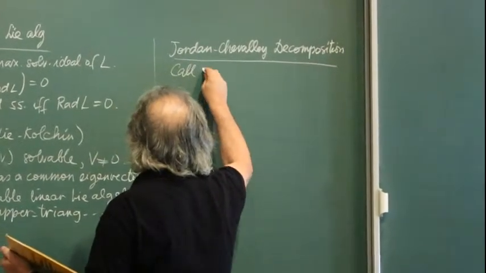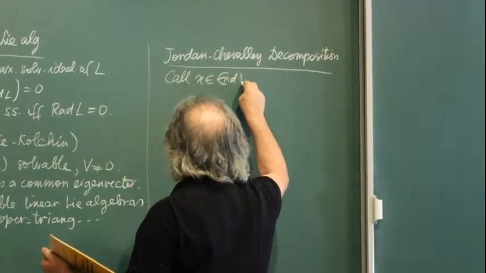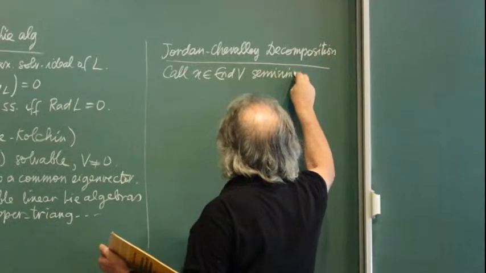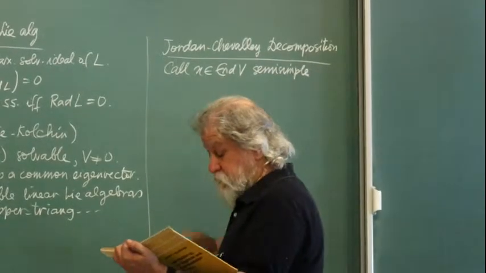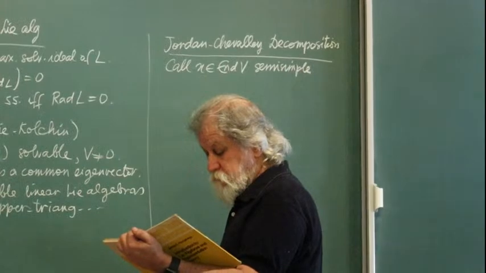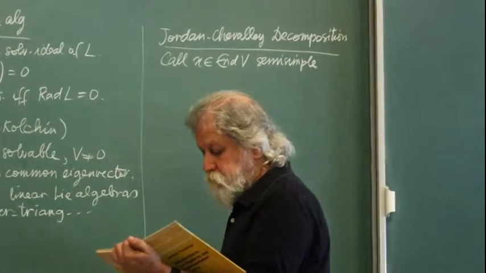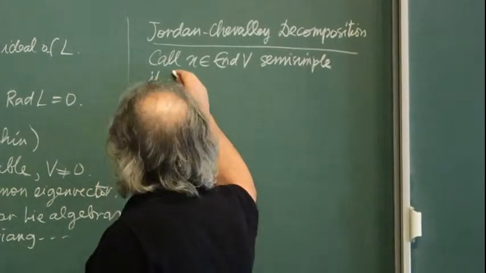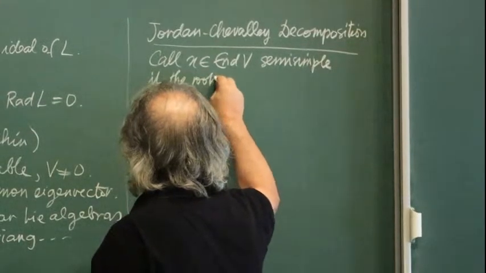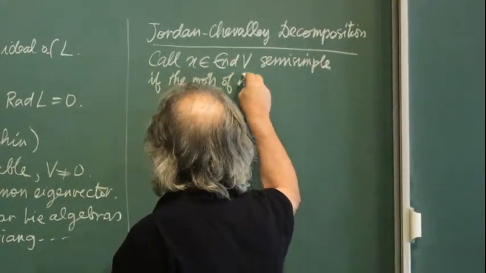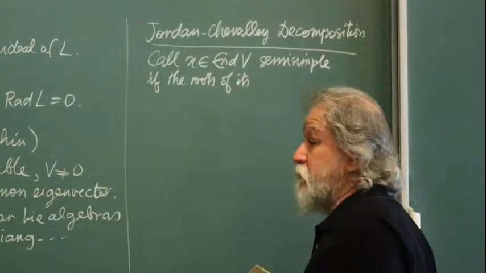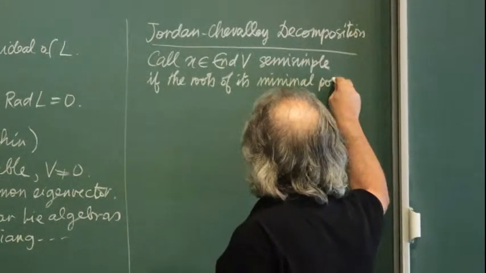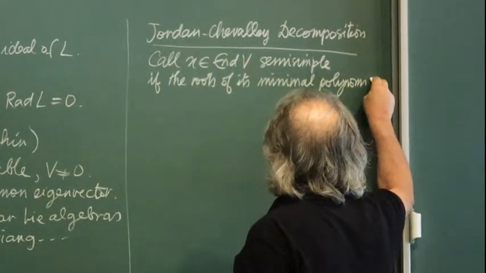Call X an endomorphism of V semi-simple if it is diagonalizable, if the roots of its minimal polynomial are distinct.